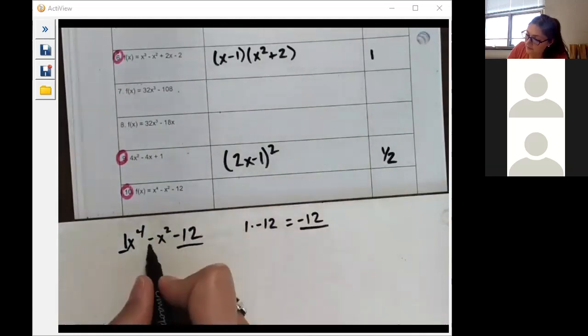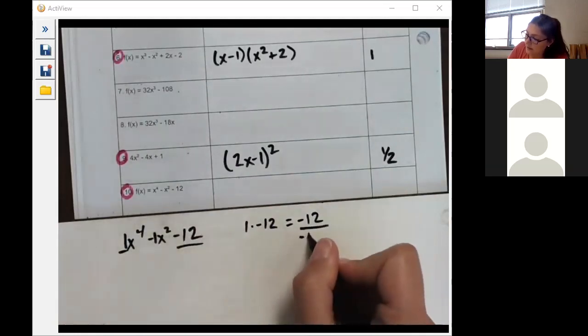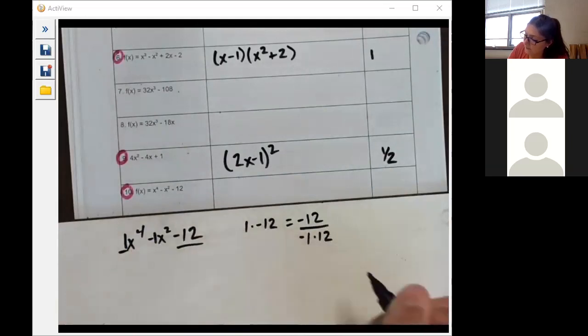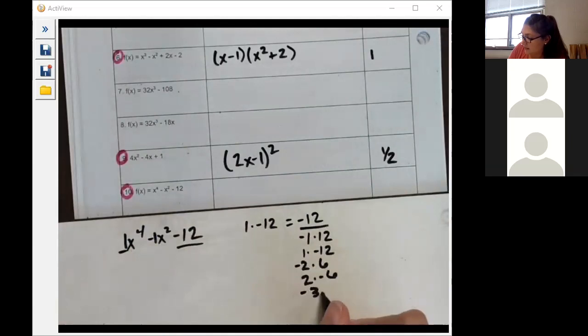Factors of negative 12 that add to negative 1. If you don't see them right away, make a list. Negative 1 times 12, or 1 times negative 12, negative 2 times 6, or 2 times negative 6, negative 3 times 4, or 3 times negative 4. That one will work, 3 times negative 4.